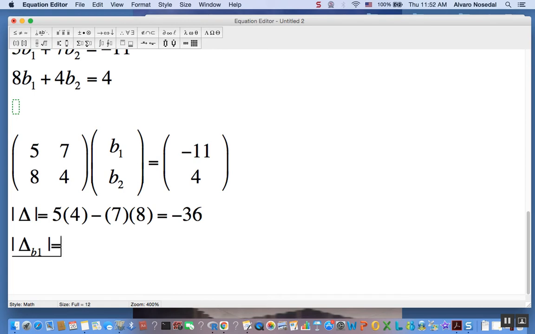And that is going to be formed by the following columns. We're going to replace the first column of the matrix delta, this one, we're going to replace 5, 8 by minus 11, 4. And then we are going to compute the determinant of that matrix.